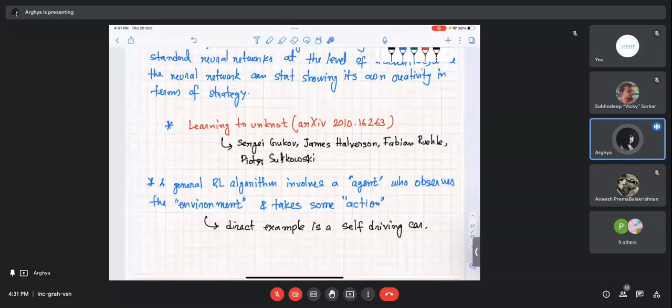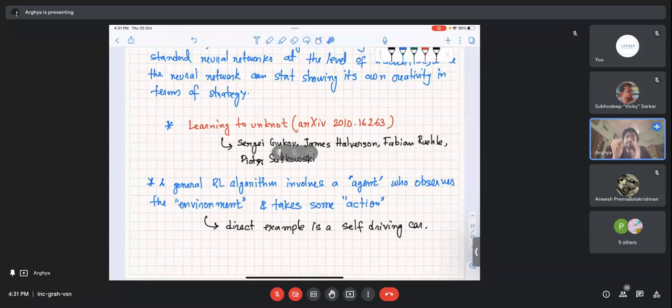What happens in reinforcement learning is that you are making something called an agent, some algorithm which takes some decision. For example, let's say you have to play some card games. Card games is basically left and right, I mean, you want to go this side or that side.